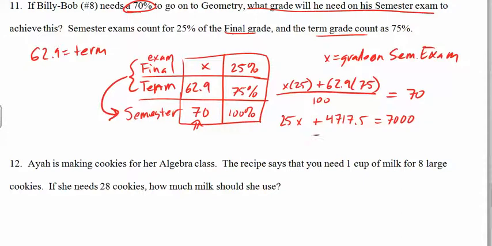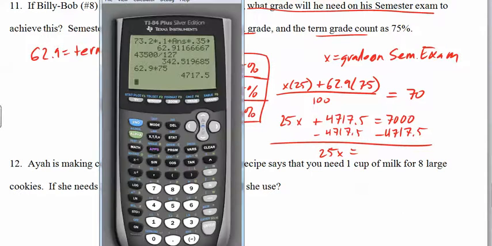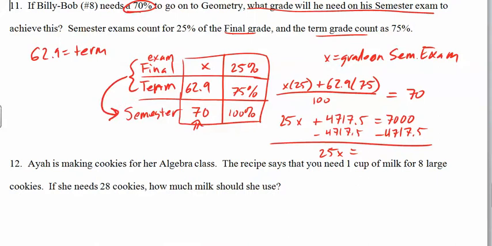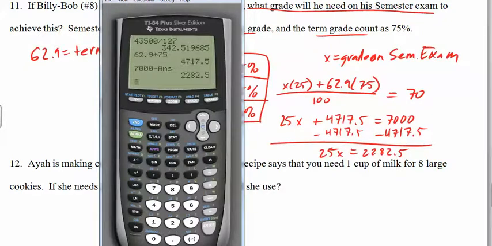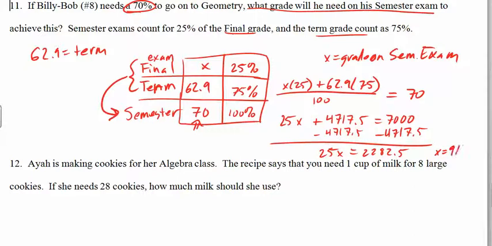All right, so we're going to subtract the 4717.5, which will give me 25x equals 7,000 minus what we had before, which is 2282.5. Divide both sides by 25, and we get 91.3.